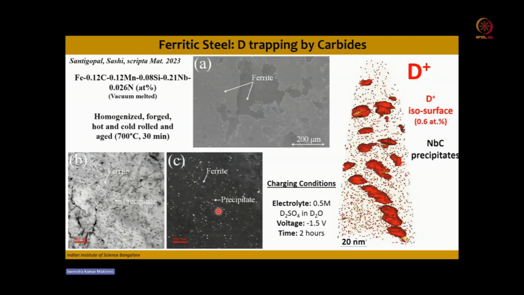So this is how they have identified that niobium carbides are effective for the trapping of deuterium, and based on this they can improve the processing such that the precipitate volume fraction increases, so that they can trap more and more deuterium, and increase the resistance towards the hydrogen embrittlement effect.